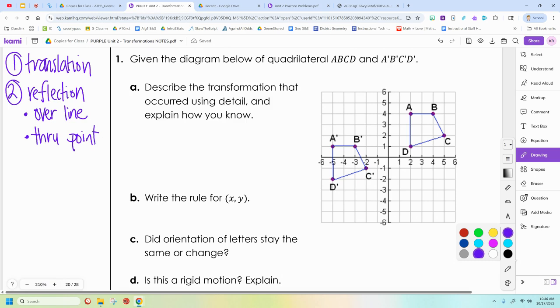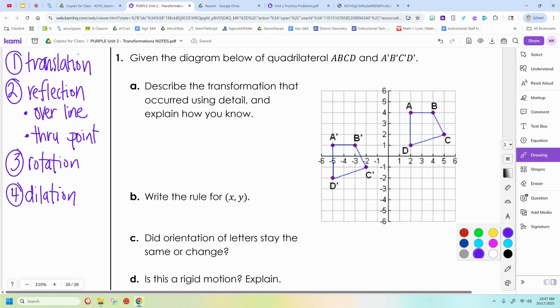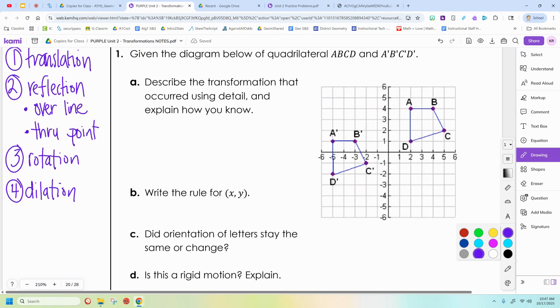Okay. Then there's rotation. And then there's dilation. Okay. So those are our 4 transformations.